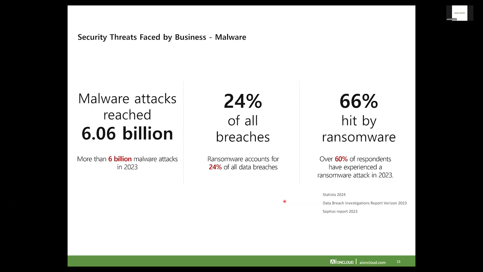But actually, if you were to look into IBM's security study, they would say that that number is actually closer to 95%. So when it says that malware attacks reach almost 6 billion, or 24% of all breaches, or 66% of companies are hit by ransomware, most often, the cause of this is because of employee mistakes or negligence.